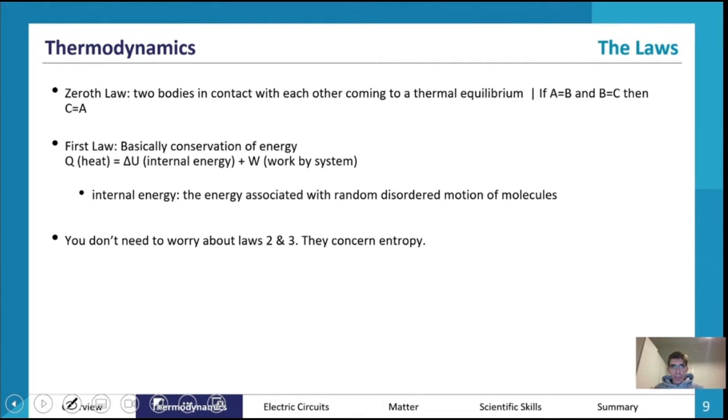In an isolated system, heat energy is the internal energy of an object plus the work which is done by the system. Internal energy is the energy associated with the random motion of molecules. For example, let me explain it in this way.